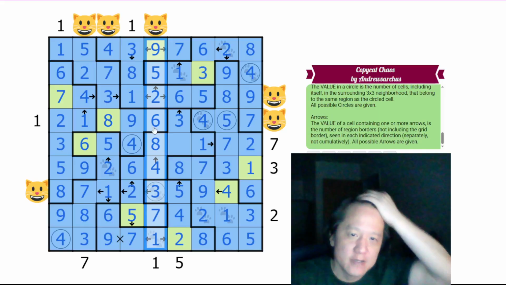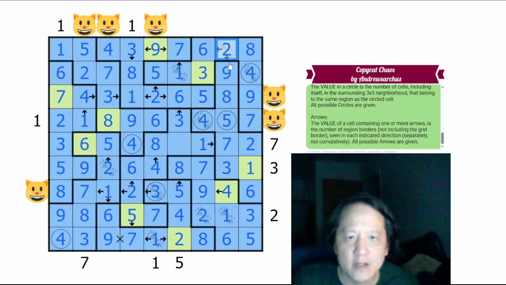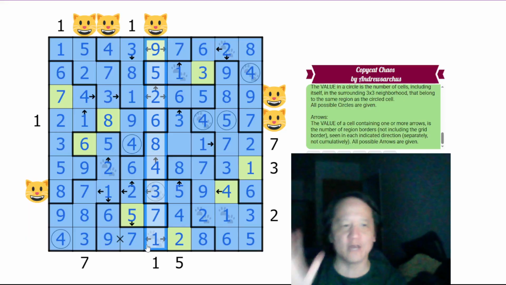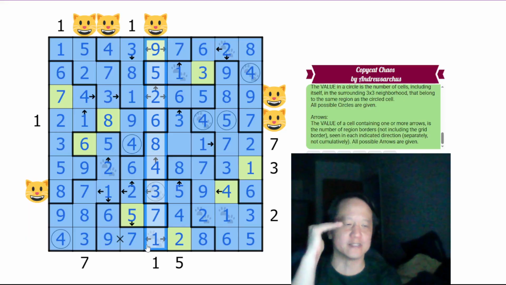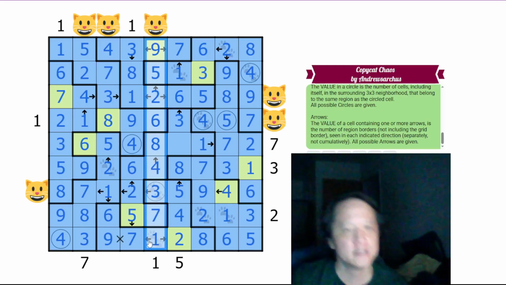But it's only 1. 1, 2, 3, 4, 5 in this column. 1, 2, 3, 4, 5 in this column. And 1, 2, and 1, 2. So other than this column, we have 5 at most. So we don't have to check any value that's 6 or above, except for column 5. Great.